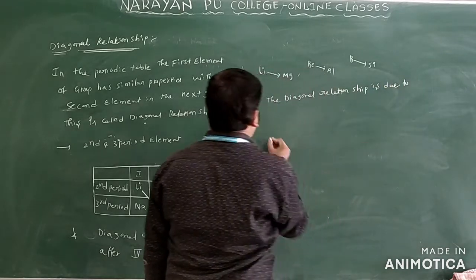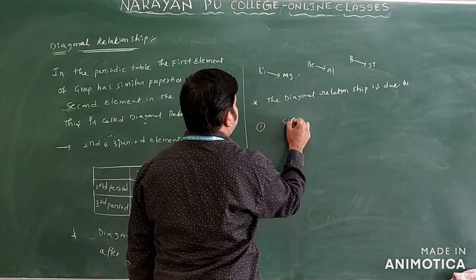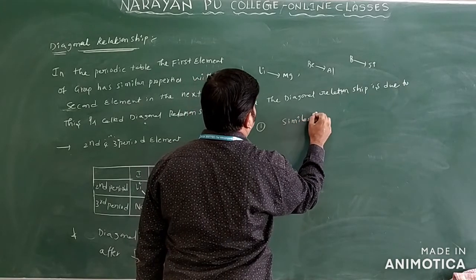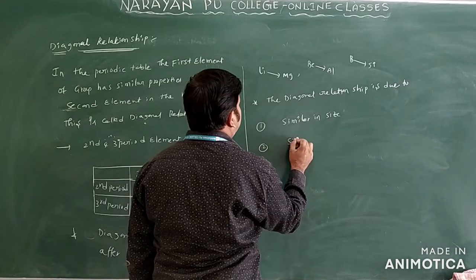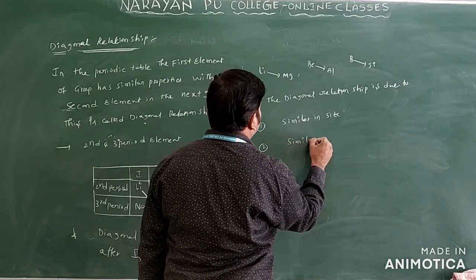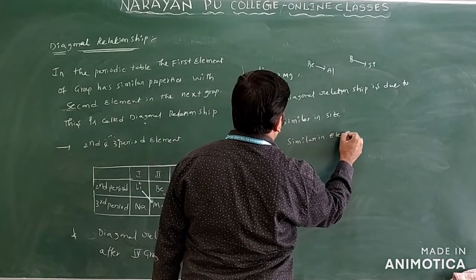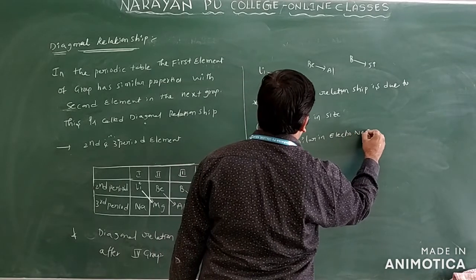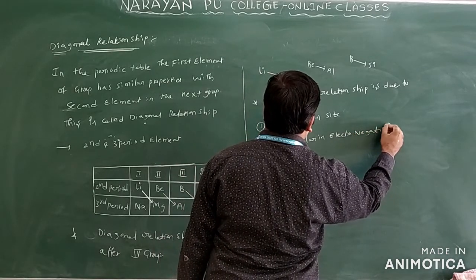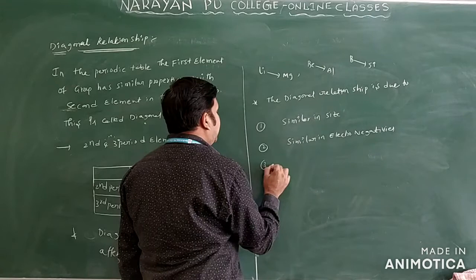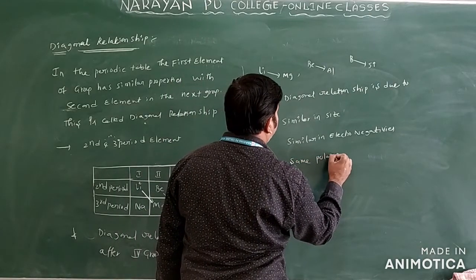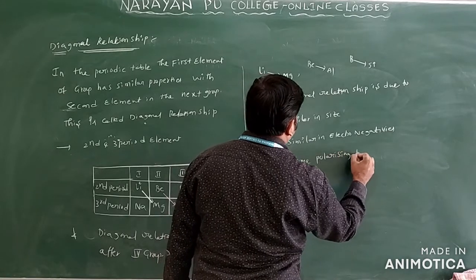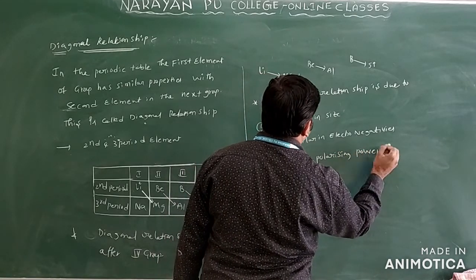The diagonal relationship is due to, first, similar size only, and second, similar electronegativities, and third, they have the same polarizing power only.